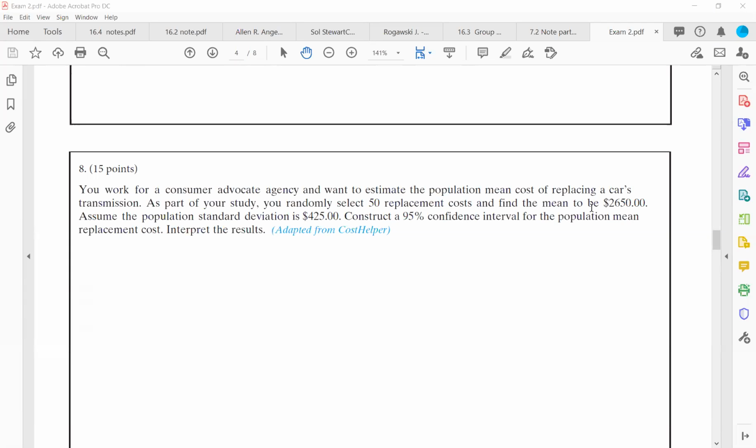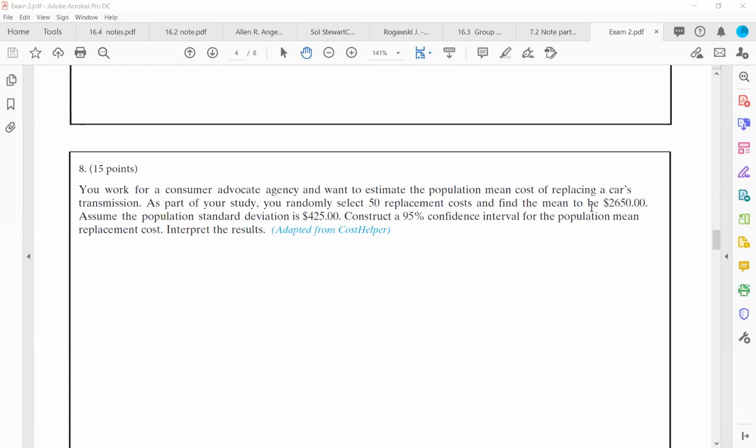N is 50, and we found that the mean is 2,650. And assume that the population standard deviation is given to us. So the standard deviation of the population is $425. Okay, perfect. Construct a 95% confidence interval for the population mean.